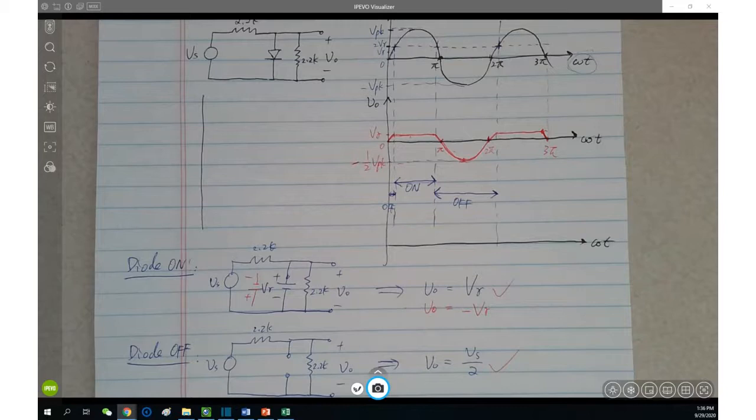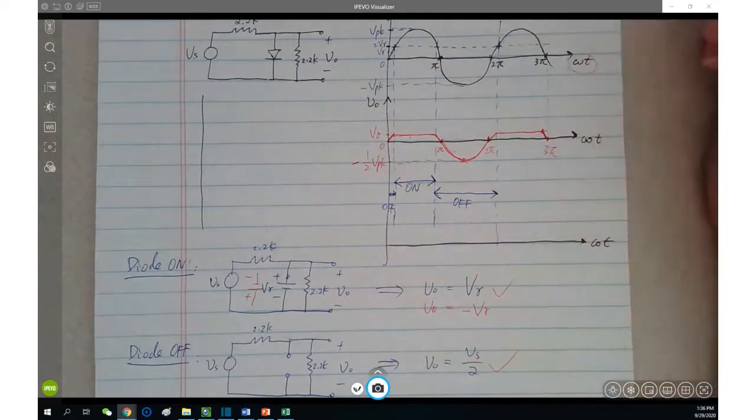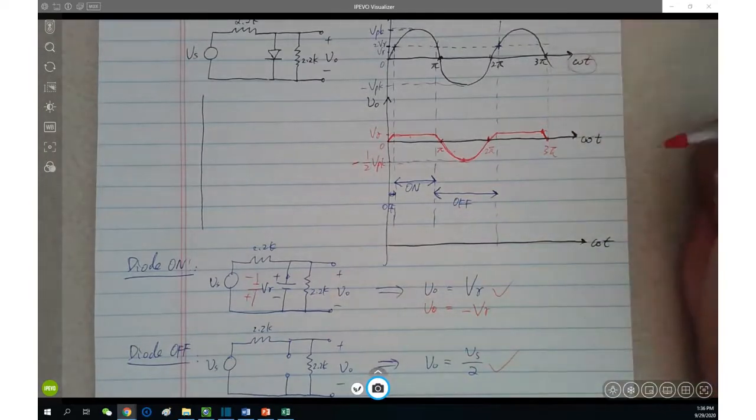Let's say when the diode is on, or when the diode is off, whichever is easier for you. What should we say? The diode would be on at negative 2V gamma.